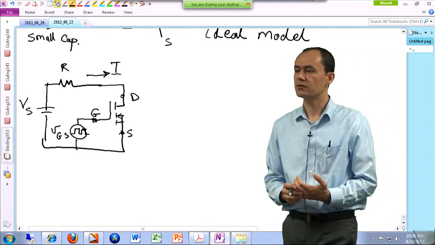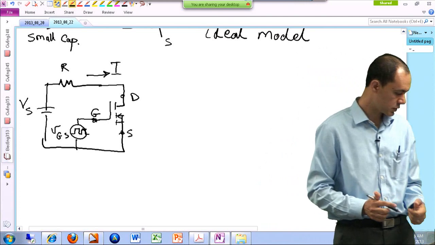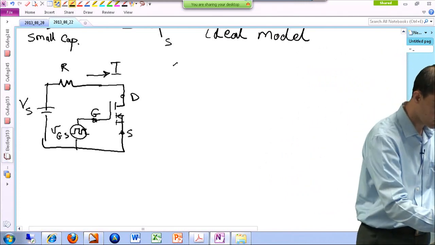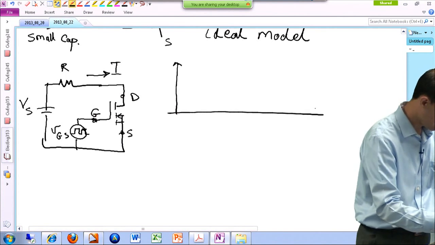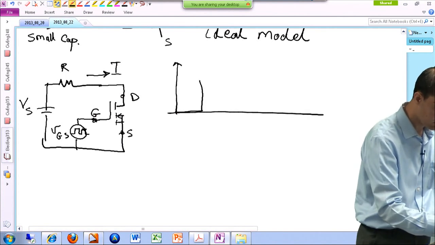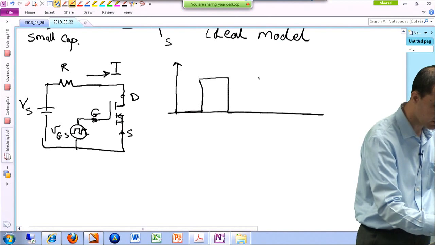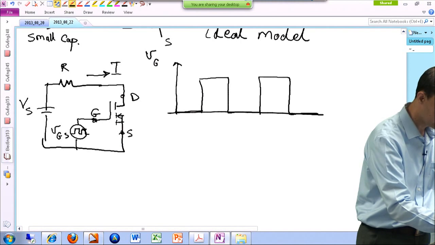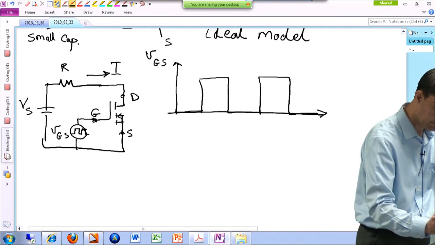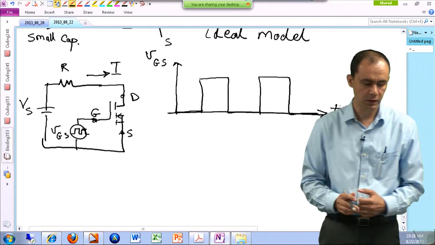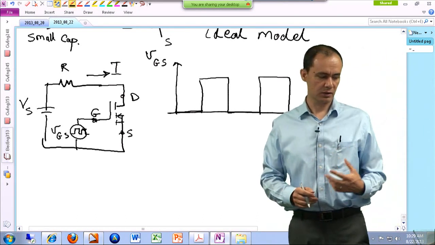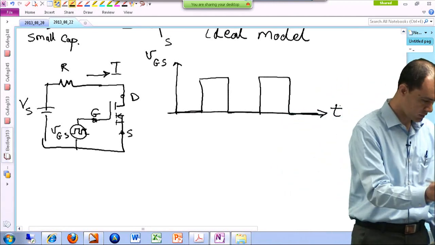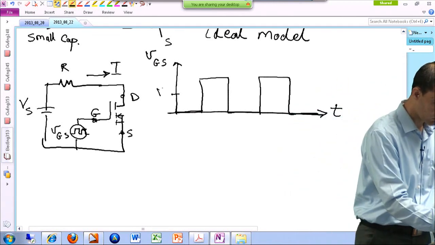Okay, so if you have a configuration like this, we are curious to know what happens to the drain to source voltage and the current of the MOSFET, given the signal that comes out of the signal generator, which turns the gate on and off. Let's say we have a signal generator connected to the gate with respect to the source, and it looks like this, and the threshold voltage is here.